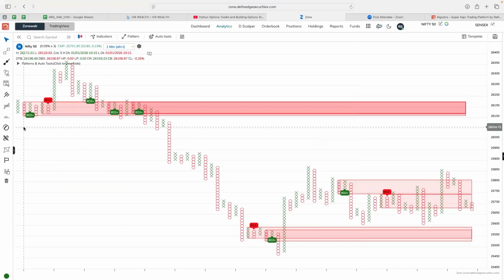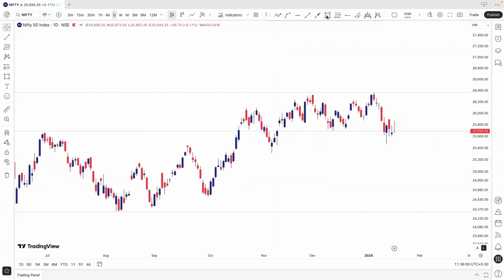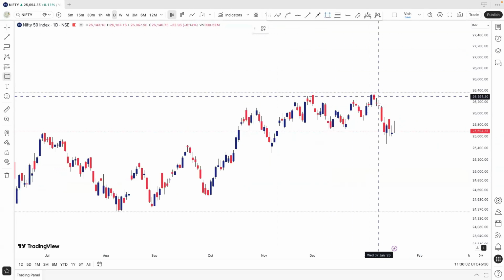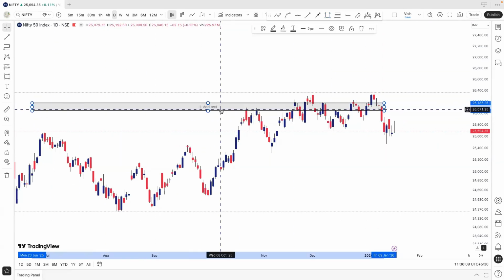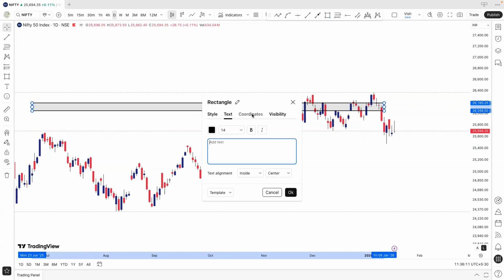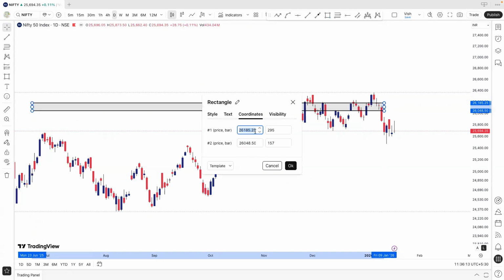What is the high low here? 26,172, and the low of this is 26,120. Let me just draw this. Coordinates 26,172 and 26,130.